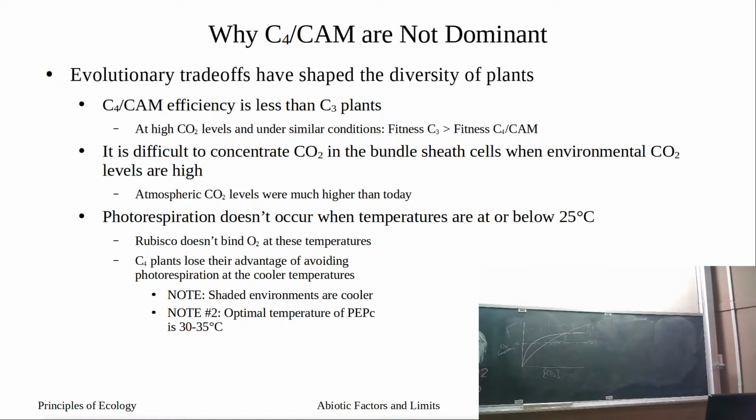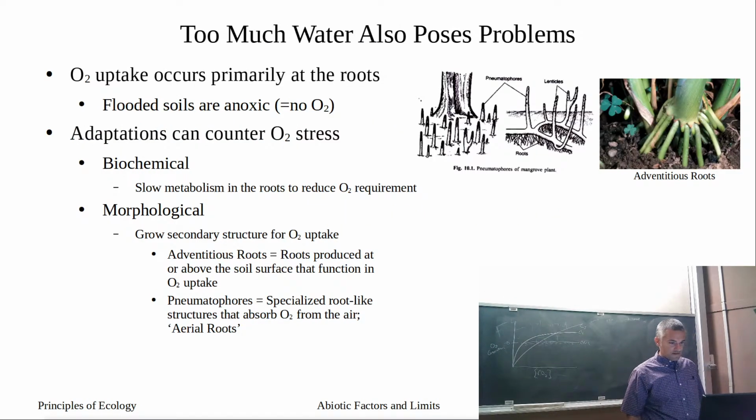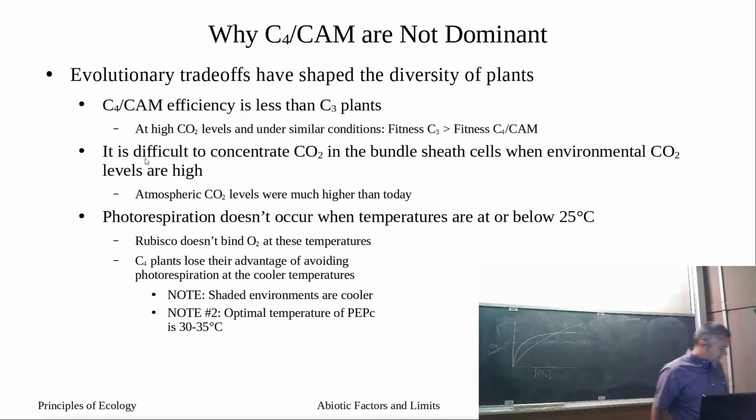So the question is, why don't we have more? I don't think I gave a percentage. We actually have a pretty small percentage of C4 plants out there. So why not more?